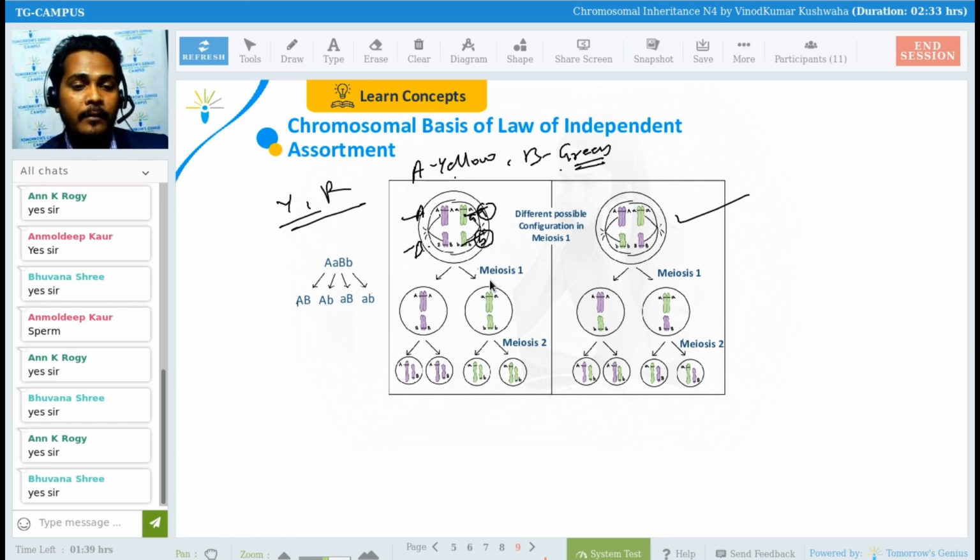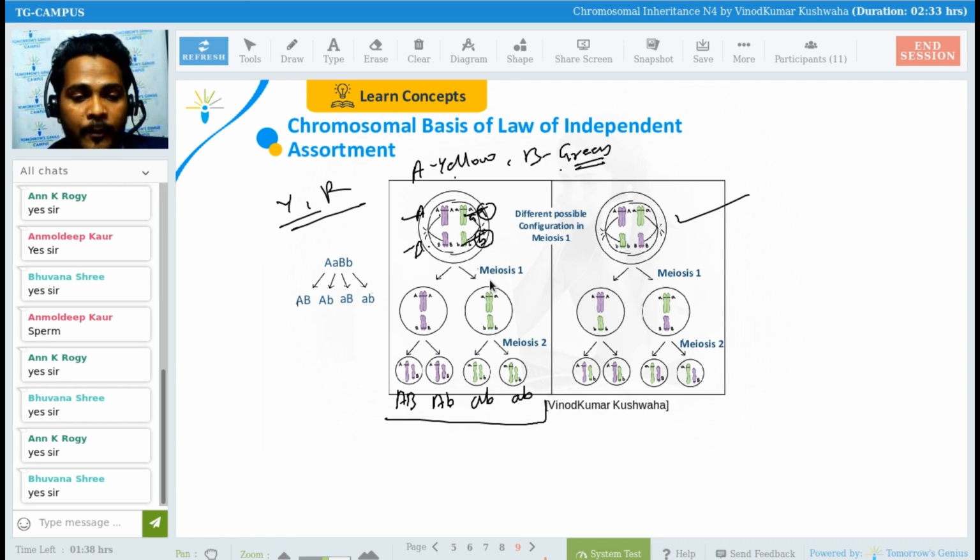When F1 heterozygous parents produce gametes, you can see they produce 4 types of gametes, AB, Ab, aB, and ab, right? So these are the 4 types of gametes.